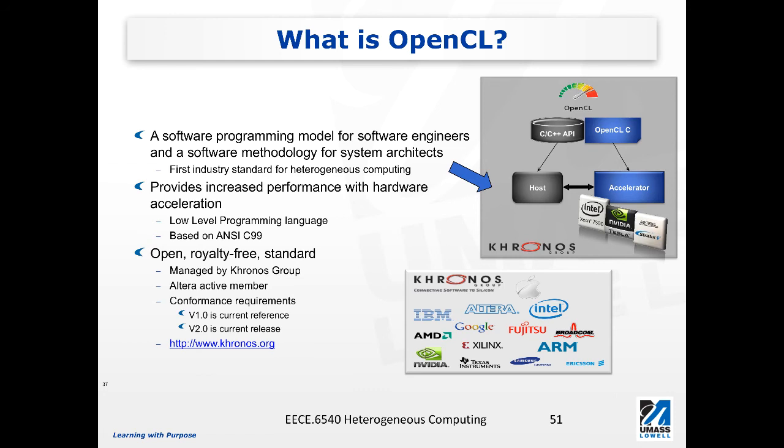OpenCL is managed by a group called the Khronos Group, and many leading chip vendors are members of this group, including Intel, now Intel Altera, which was Altera before, and AMD, Xilinx, NVIDIA, ARM, and IBM, etc. OpenCL has evolved greatly over the past 8-9 years, from 1.0 to now 2.0, although different chip vendors may have different levels of support for these different OpenCL versions.